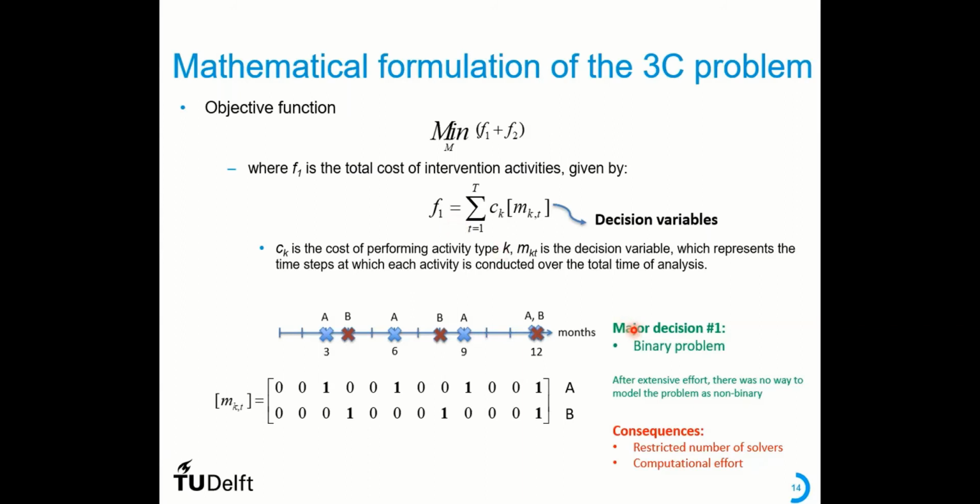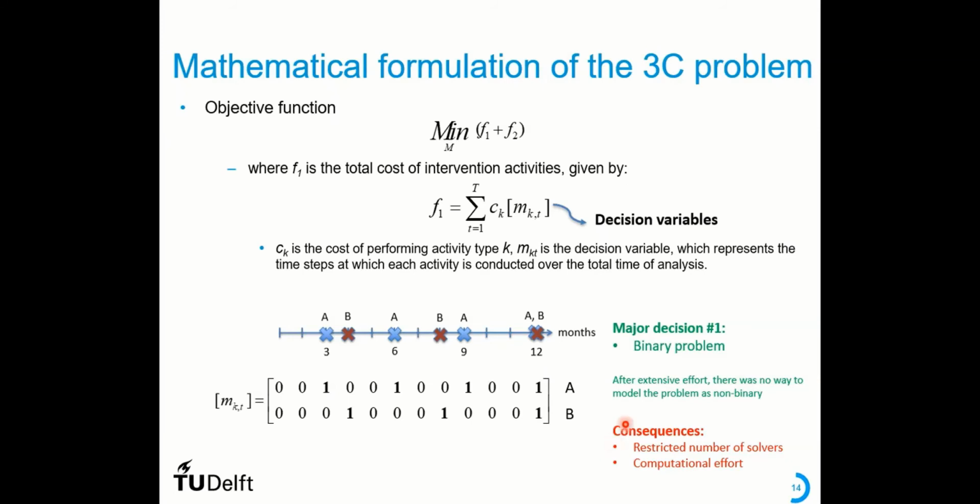At this stage, we had to make some decisions, actually, because our problem, as you saw, is a binary problem. We are only dealing with 0 and 1. We couldn't make it non-binary. As a consequence, we had a restricted number of solvers, so we couldn't use just any solver. We were restricted to the solvers that allow binary problems.